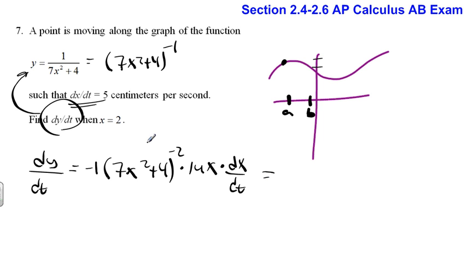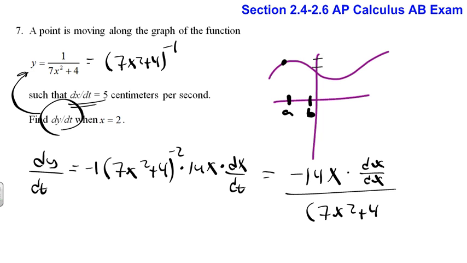So to clean this up, I can send this to the denominator. So I have -14x times dx/dt all over 7x squared plus 4 to the power of 2. Basically I just kicked this guy downstairs and left my numerator on top. Now look, I can do some substitution.